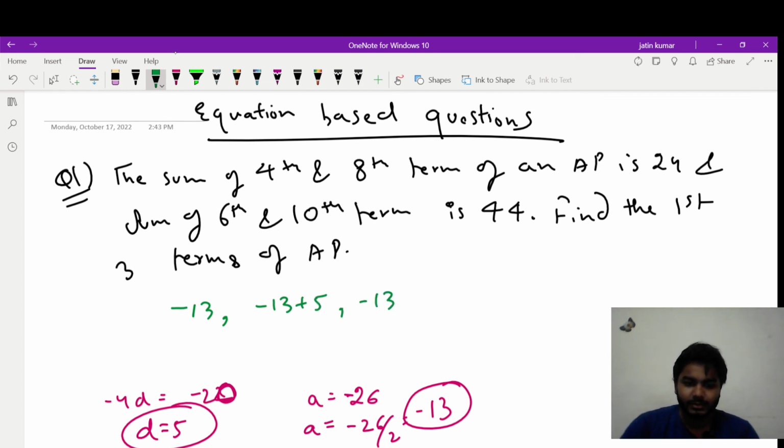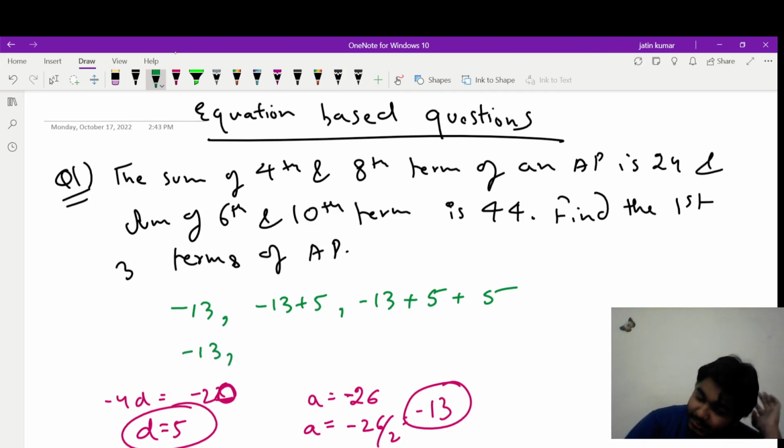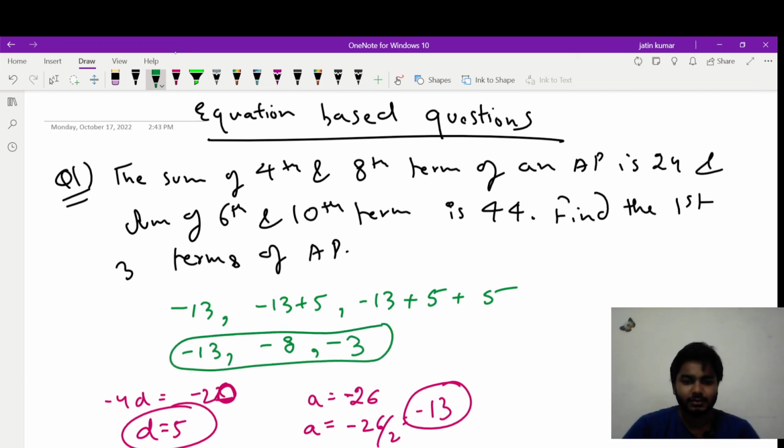Then the third term will be minus 13 plus 5 plus 5. Okay, this will be the third term. So minus 13 plus 5 will be minus 8, and again plus 5, so how much will come? Minus 3 will come. Okay, so these are the first 3 terms of the AP. Now this was one of the equation based questions.